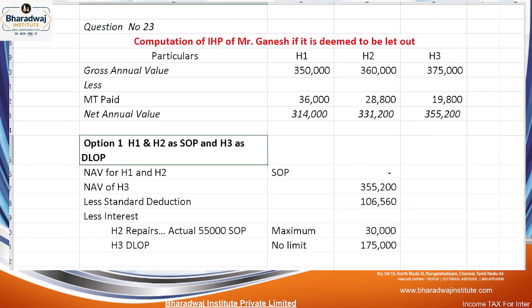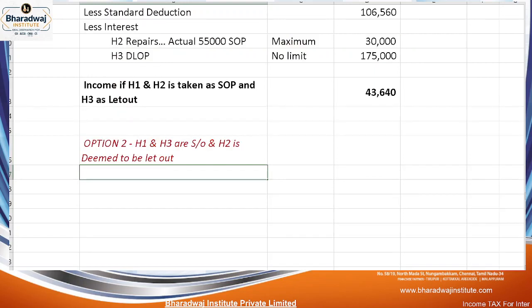Let us work out with other options. Option 2, house 1 and house 3 we take it as self-occupied, house 2 as deemed let out. NAV of house 1 and house 3 will become 0 because it is self-occupied.